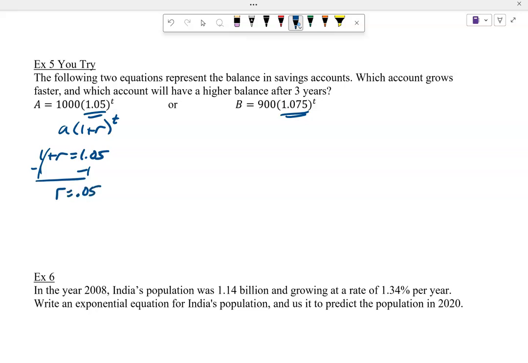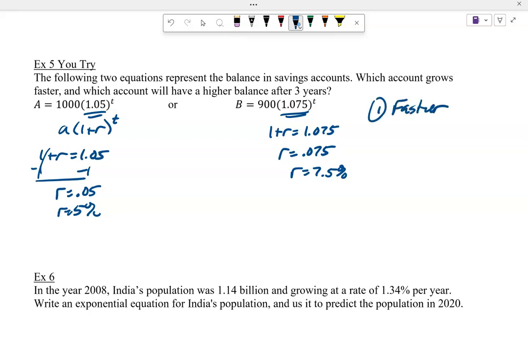A 5% rate, right? B is growing at, subtract 1 on both sides, 7.5%, right? This is a 5%. This one's growing at 7.5%. So who grows faster? So number one, faster, we would say account B. I guess these are savings accounts.